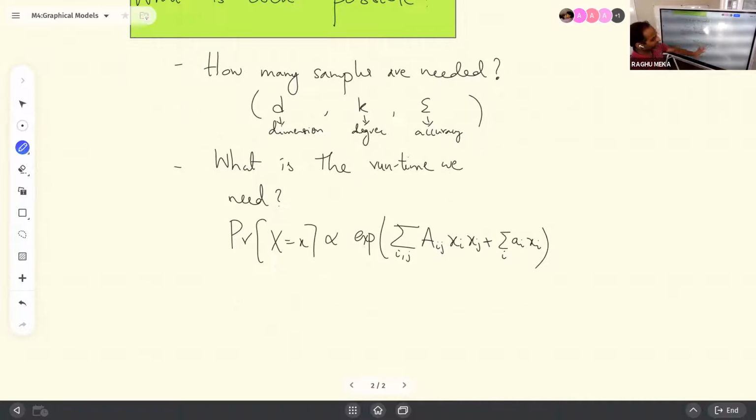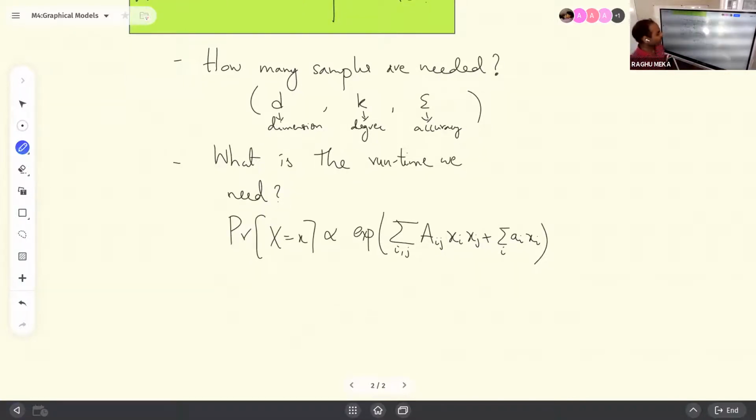Okay, so this is what we have. One thing is, if I have an edge in my graph, but the weight is really small, then it's going to take me a long time to identify that edge. Even if there's just a single edge and the weight is really small, it's going to take me a long time.